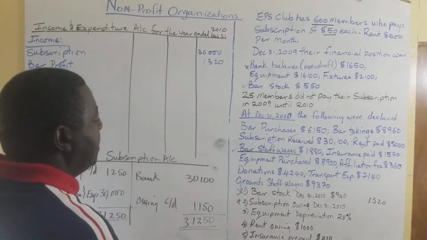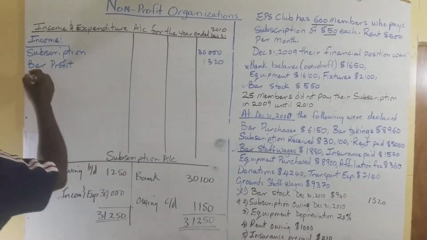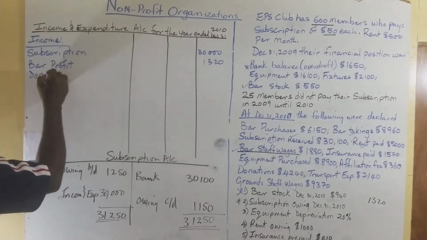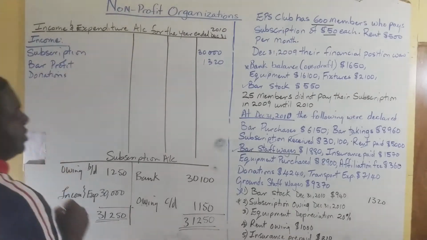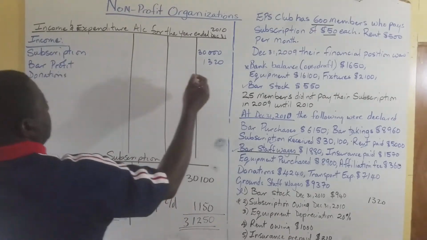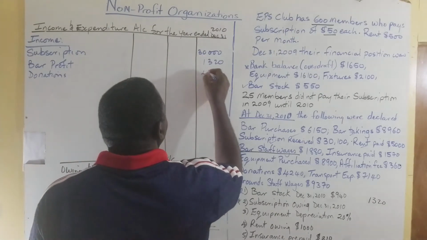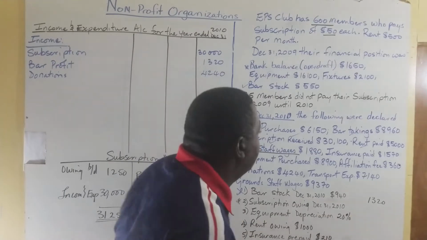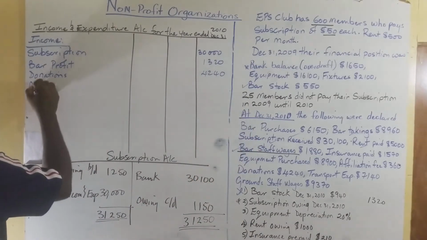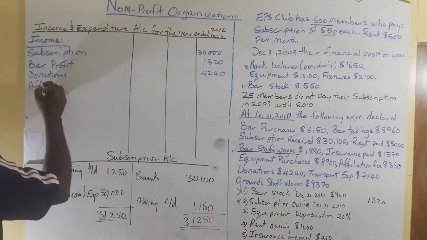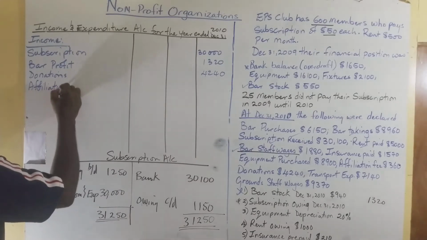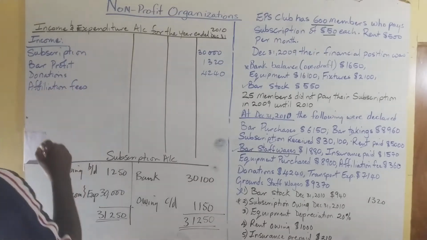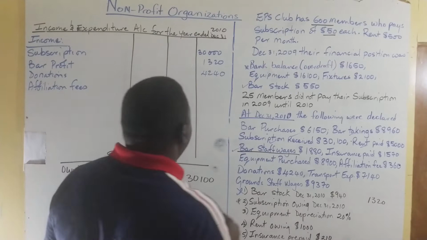They also obtained donations, and donations was 4,240. They also had affiliation fees, that is affiliation fees 360.